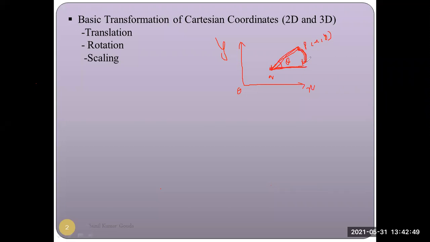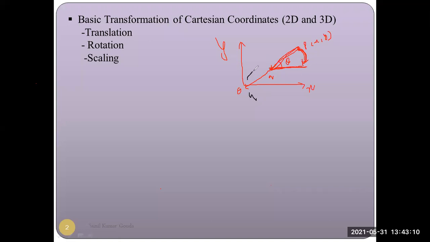So in that case, how do we do it? Then how are we doing the rotation? Now first, what you have to do is translate this Q to the origin. So first you have to shift this point Q to the origin. Then I will rotate with the angle of theta.